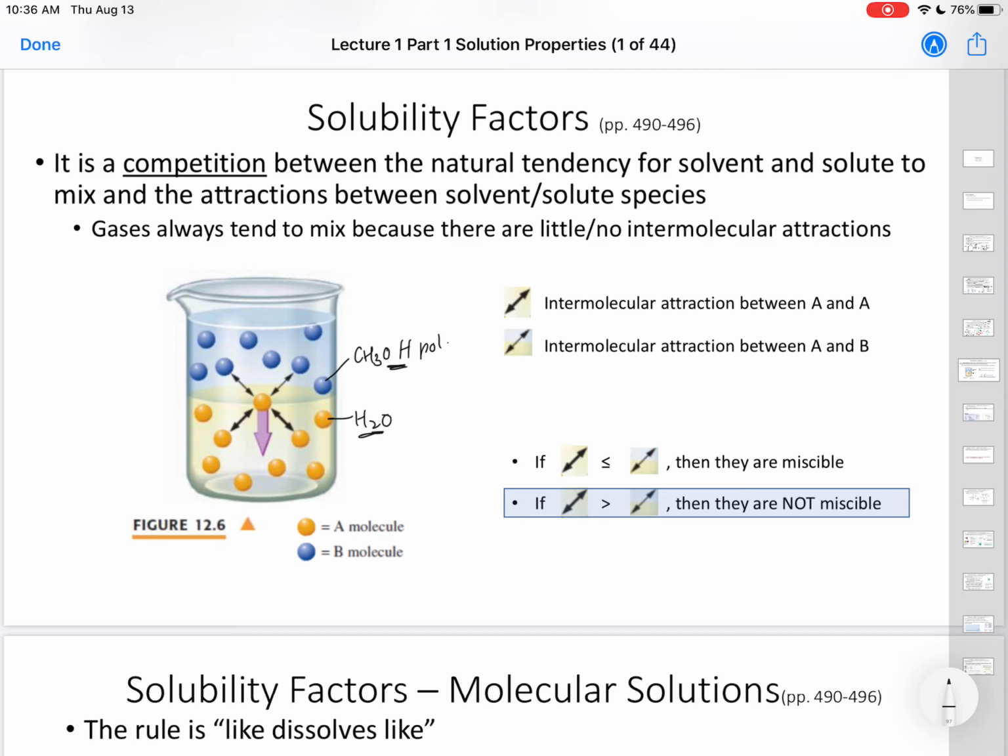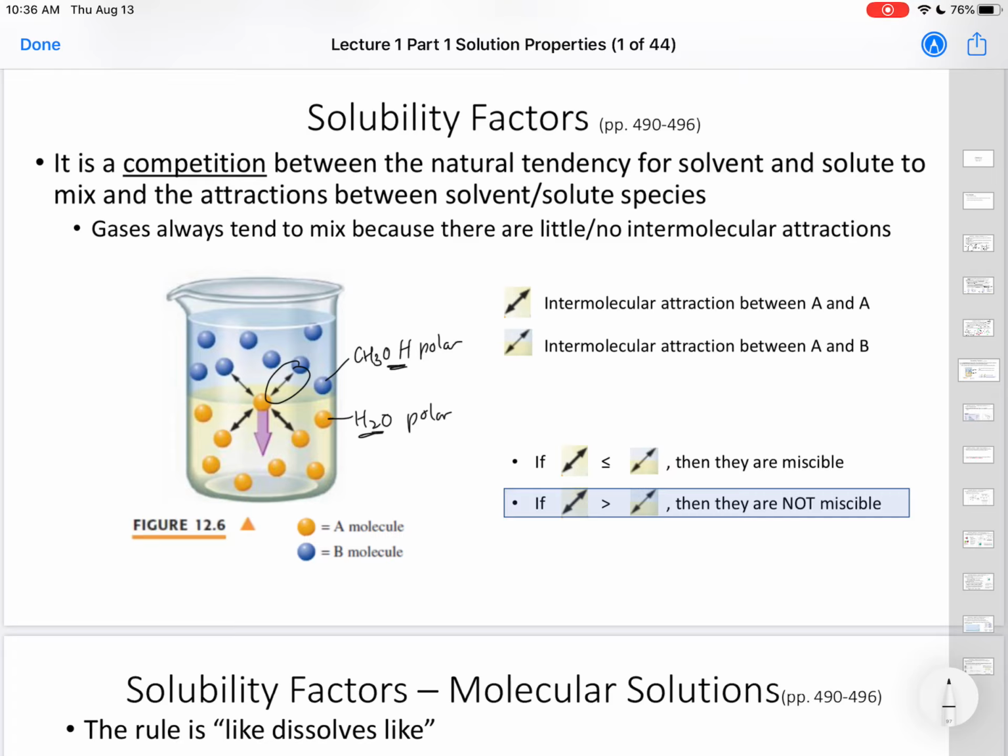Both of these are very polar, so there's an attraction between the two compounds. If we look at these two, they will be miscible. Why? Because there is an attraction between the orange and the blue balls, because like and like attract each other, right?